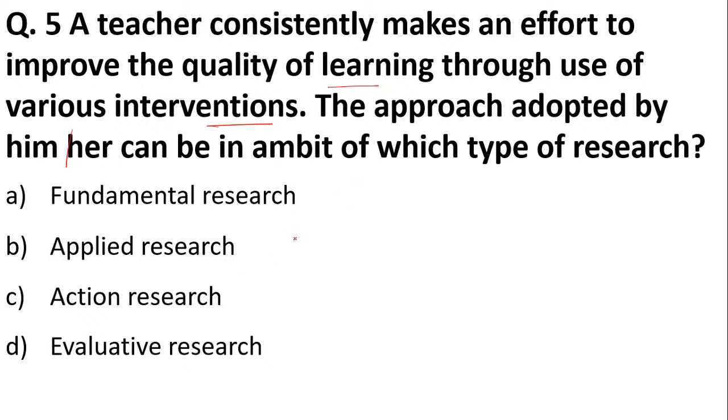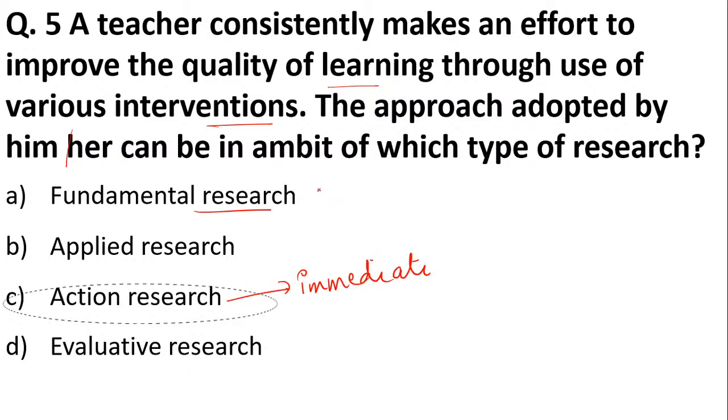She is using action research, because action research is used to solve immediate problems. Okay. Fundamental research is related to theory, like the laws of Newton. So that is an example of fundamental research, and applied research is an extension of fundamental research, and action research is used when we want to solve immediate problems.